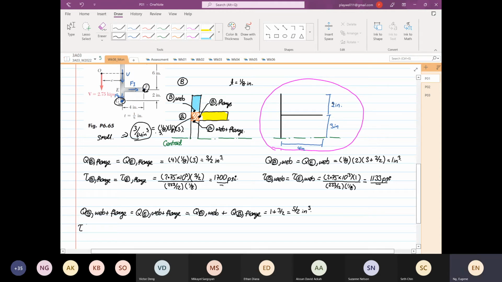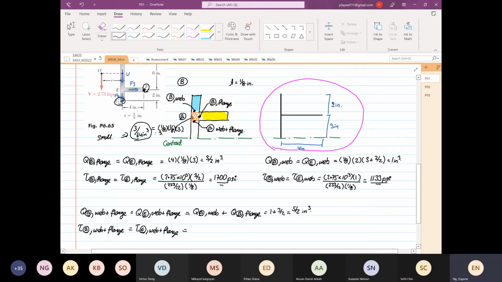the shear stress at point B of the web plus flange is equal to the shear stress at point E of the web plus flange.